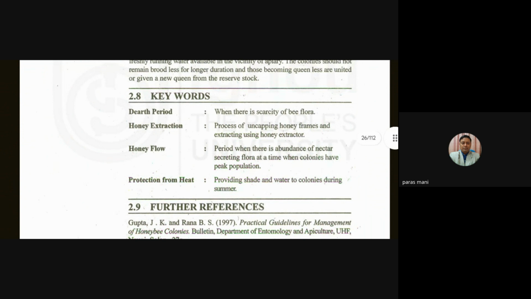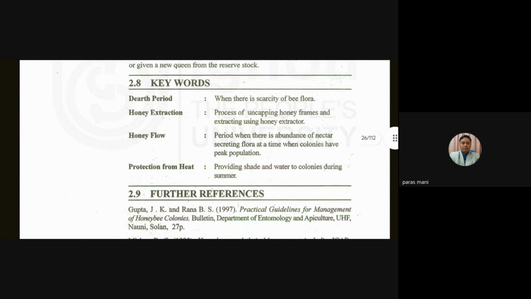Some keywords are given. Dearth period is when there is a scarcity of bee flora, that is, the food source is not available naturally. Honey extraction is the process of uncapping honey frames and extracting using a honey extractor. You take the frames outside the colony, brush them, uncap them with a knife, and place them in a honey extractor.